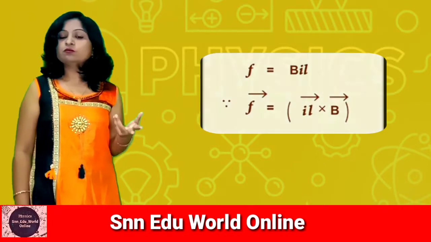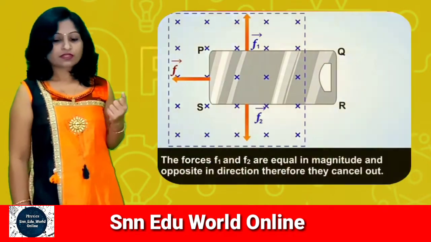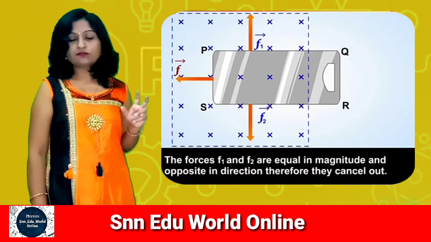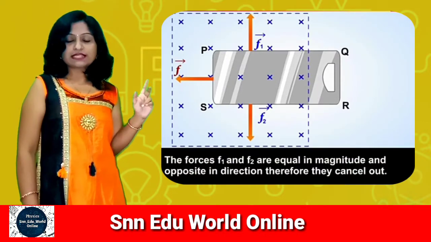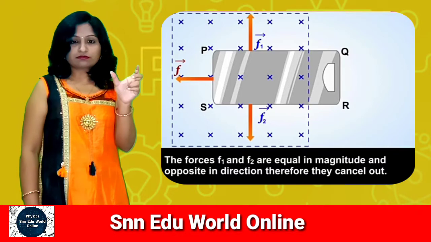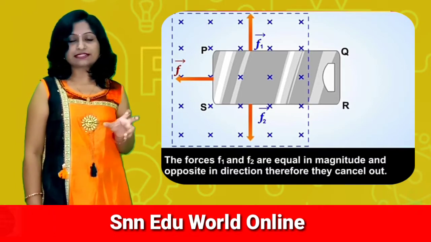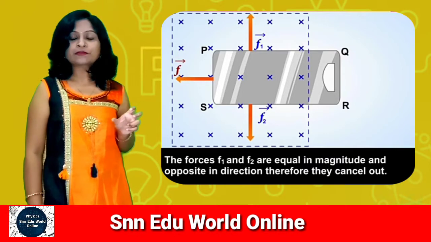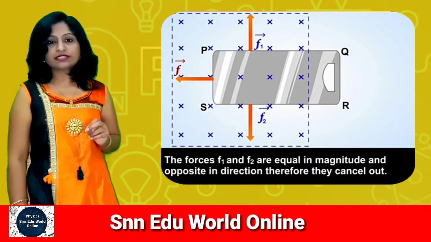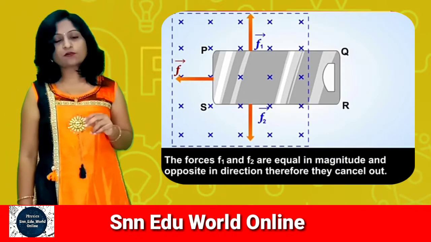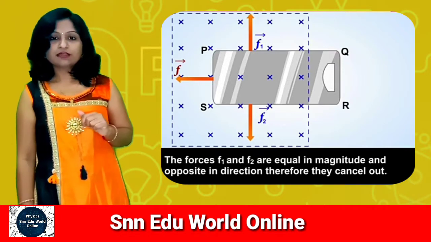Now there are two more forces F1 and F2, but see carefully, both the forces are acting on the same size of that coil, that means if there is X length here, there is also X length above, and they are exactly opposite in direction. F1 is in the upward direction, F2 is in exactly downward direction.